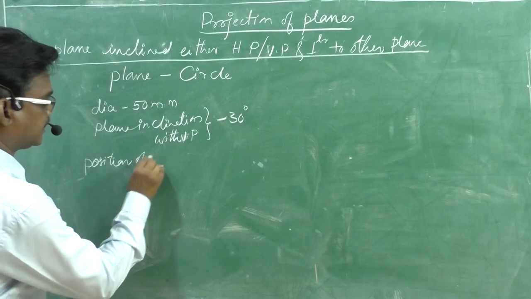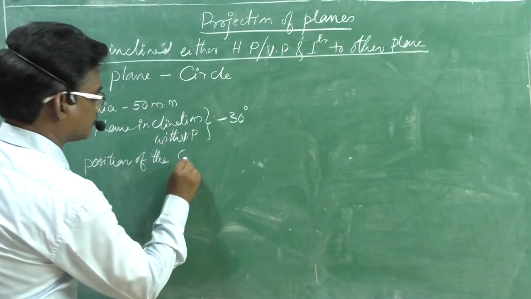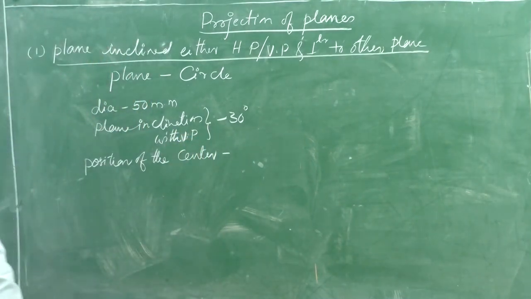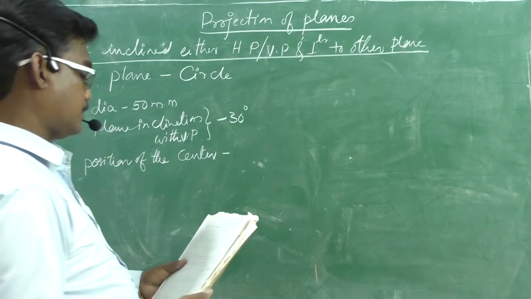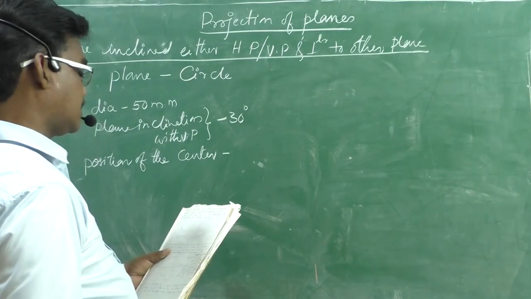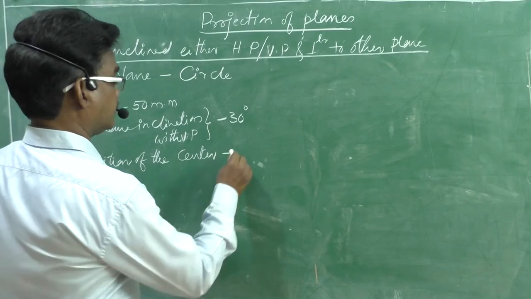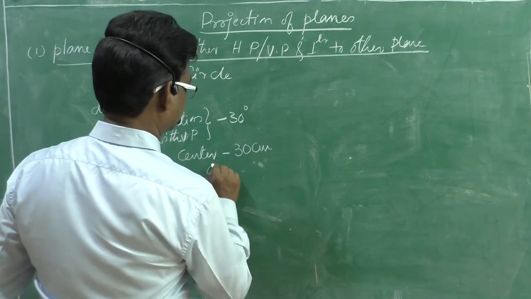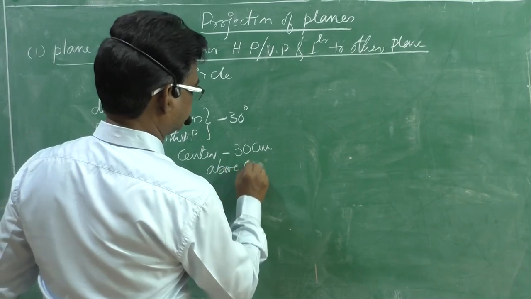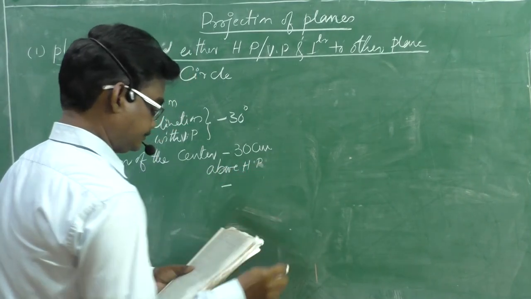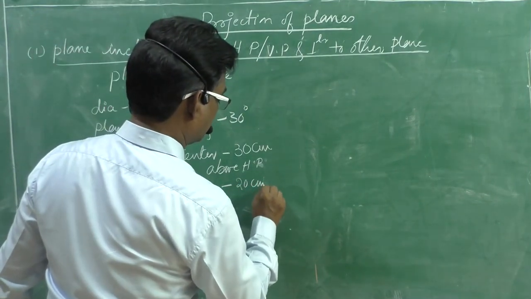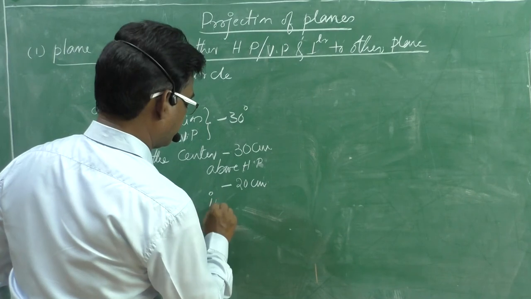Position of the center is 30 centimeters above HP, and 20 centimeters in front of VP.